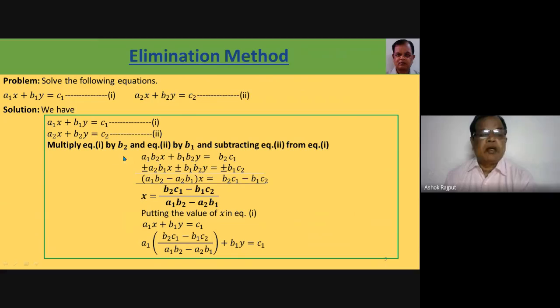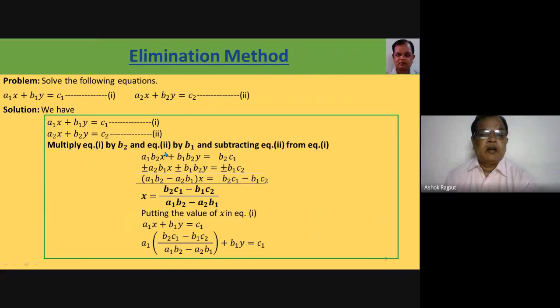As we have multiplied, we write here a1 b2x plus b1 b2y equals b2 c1, and here a2 b1x plus b1 b2y equals b1 c2. Because we are going to subtract, we have changed the sign also. It is now negative. These two terms have equal and opposite values, so these two are cancelled.